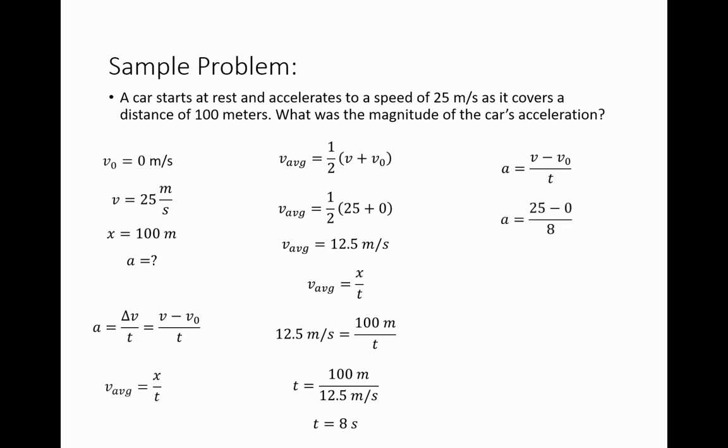So I can plug in 25 for my final velocity, 0 for my initial velocity, and 8 seconds for the time. That gives me an acceleration of 3.125 meters per second squared. Now you'll notice we filled up a whole page with that problem, and so that final answer was a little bit more difficult to get to than I would like as I move ahead with physics.